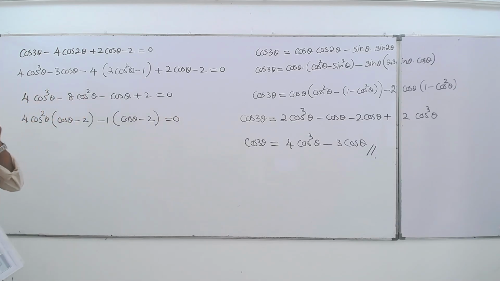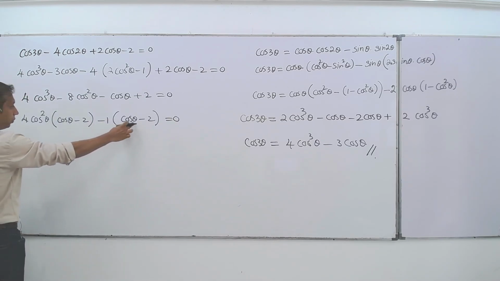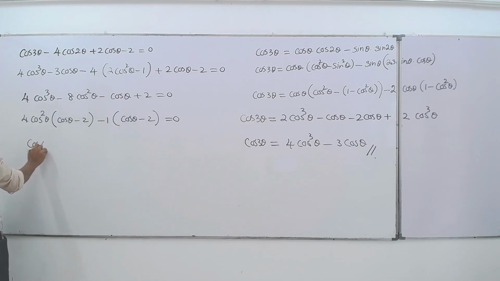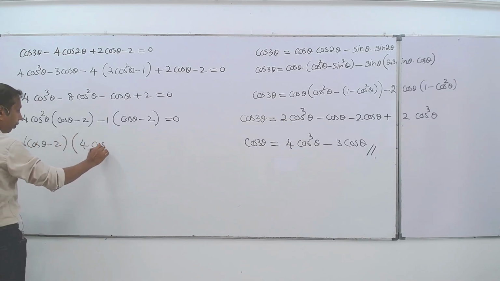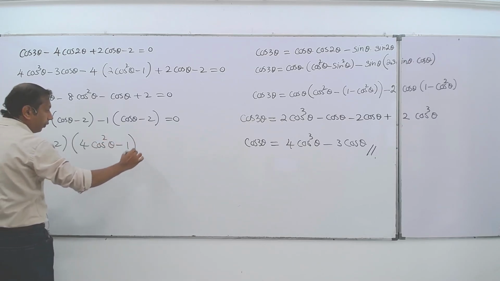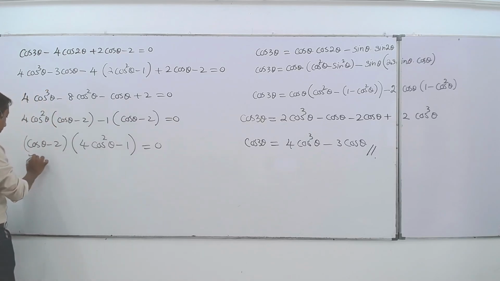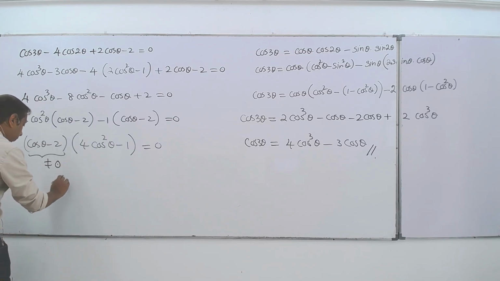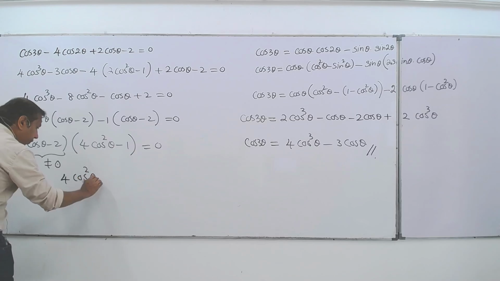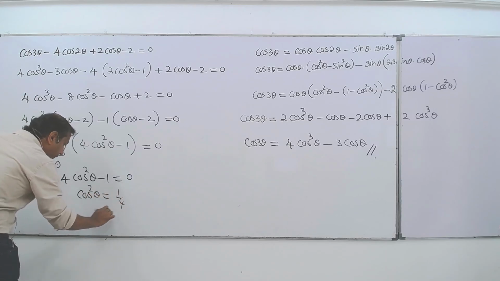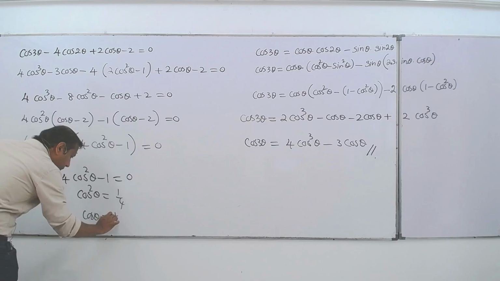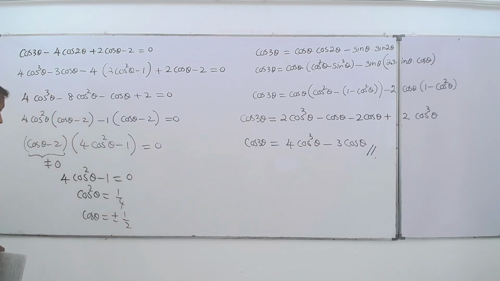Now you can see cos theta minus 2 is common, and here we have 4 cos square theta minus 1 equals 0. But you know this is not equal to 0. Then there we get 4 cos square theta minus 1 equals 0. Cos square theta is 1 by 4, cos theta is plus or minus half. We get like this.